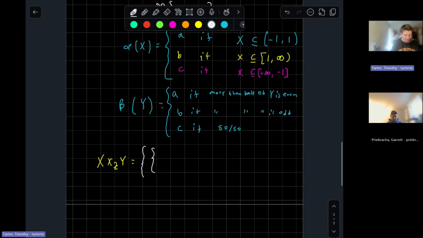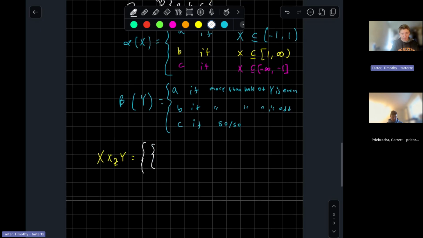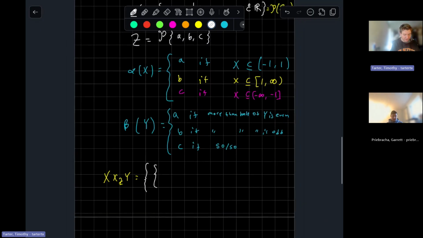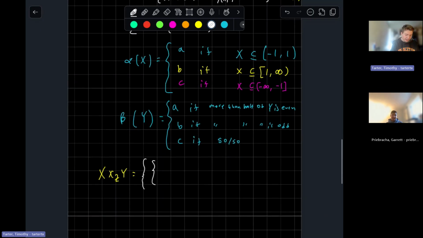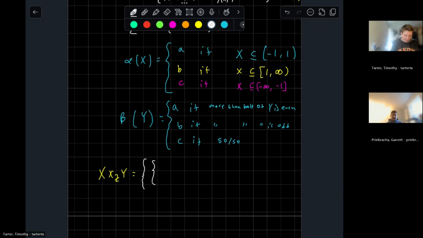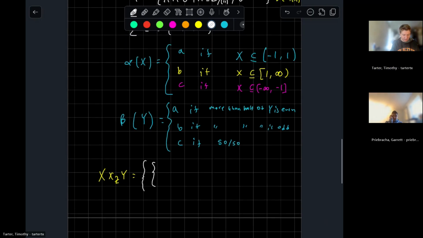So all of the things where we get A is anywhere in Z11 where more than half of Y is even. And then in alpha of X, the only place where we get just A is if we have some open set in (-1, 1). Okay.